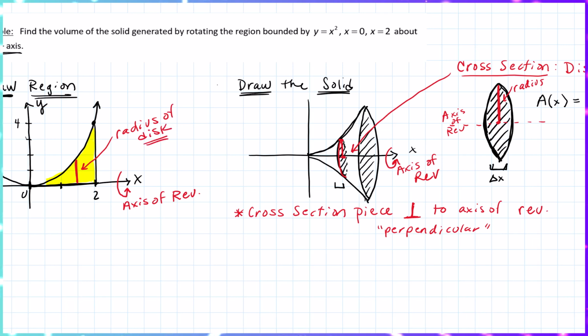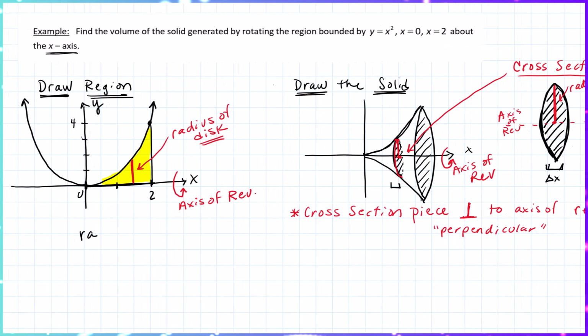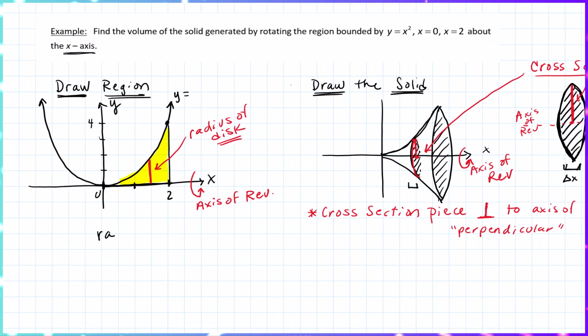So if that's the radius of a disk, how do we calculate that? Well, let's think about the actual graph that we're looking at. This was the curve y equals x squared. So the radius is going to be equal to x squared, right? The top of that radius minus the bottom, which is 0.